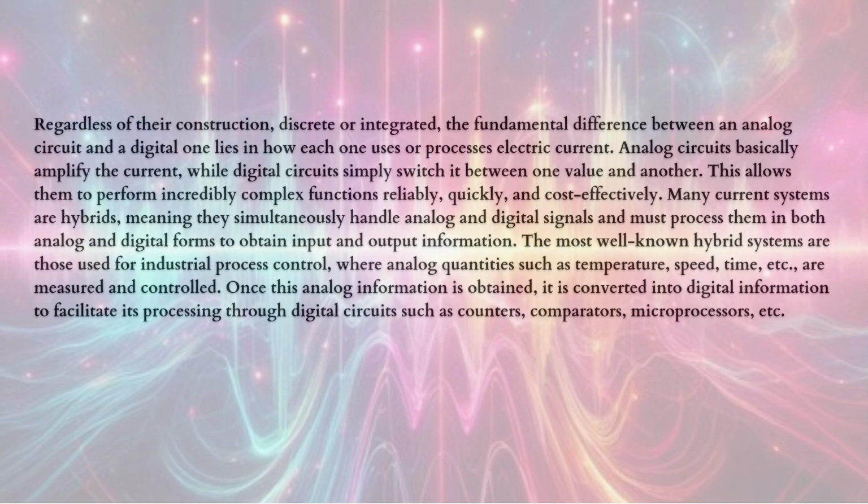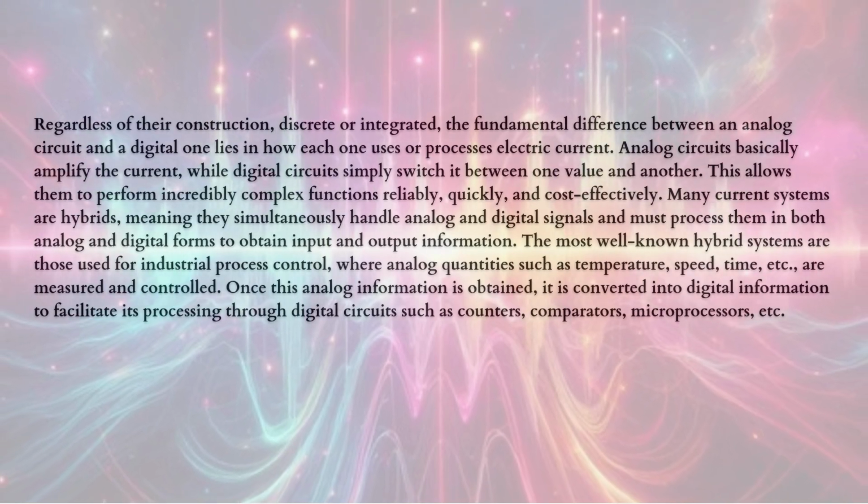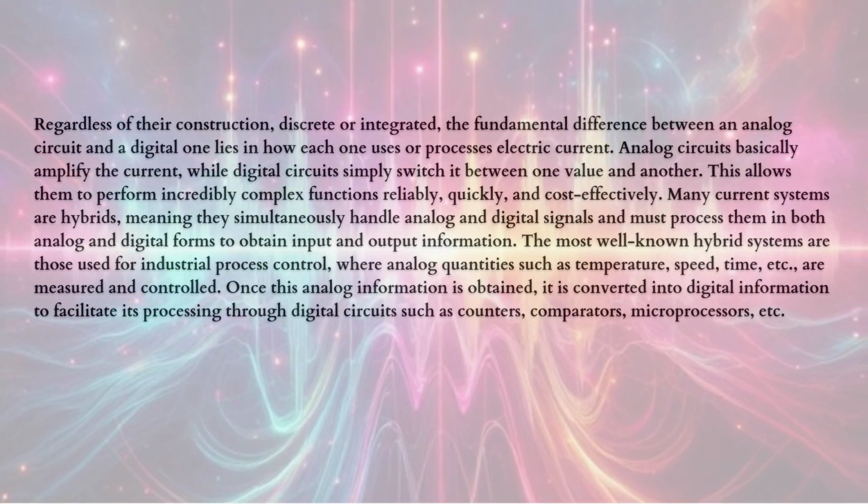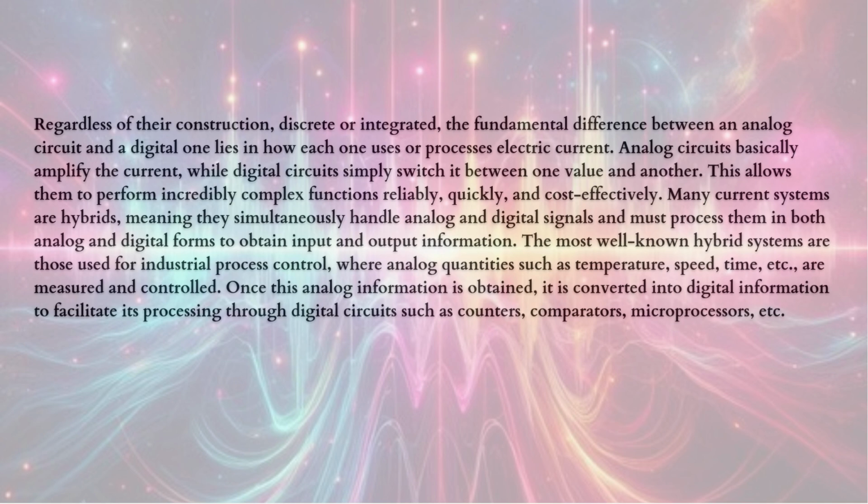Regardless of their construction, discrete or integrated, the fundamental difference between an analog circuit and a digital one lies in how each one uses or processes electric current. Analog circuits basically amplify the current, while digital circuits simply switch it between one value and another. This allows them to perform incredibly complex functions reliably, quickly, and cost-effectively.